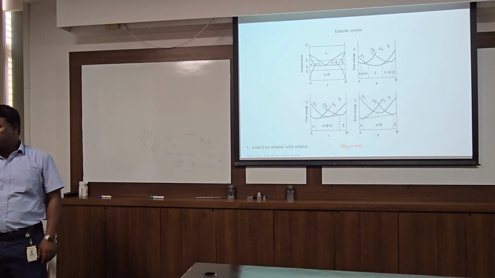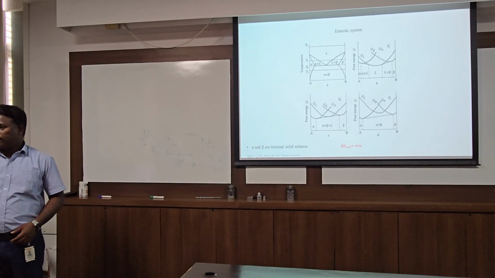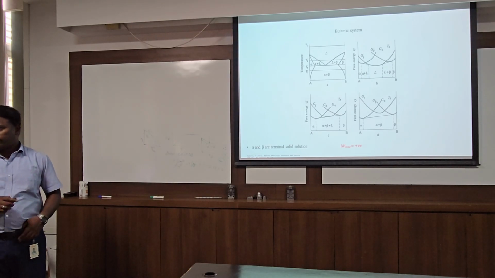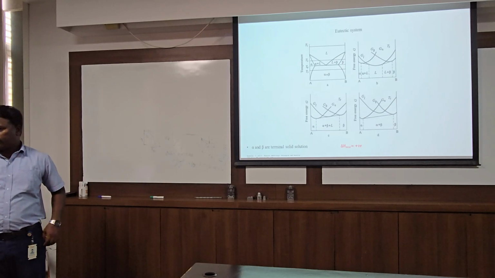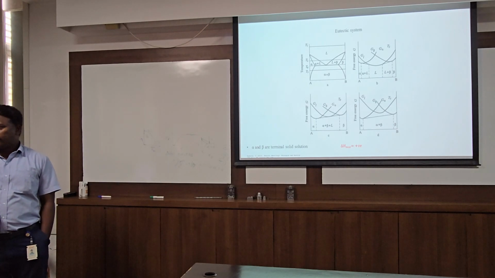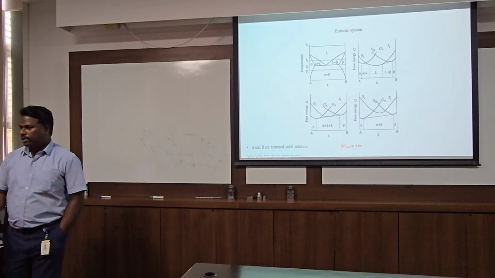But I have given you two elements, two metals, and you don't know what they are. I am telling you there is some eutectic point in the phase diagram of these two components. One melting point is 1000, another is 900 degrees. Now I want to bring it to 600 degrees centigrade.